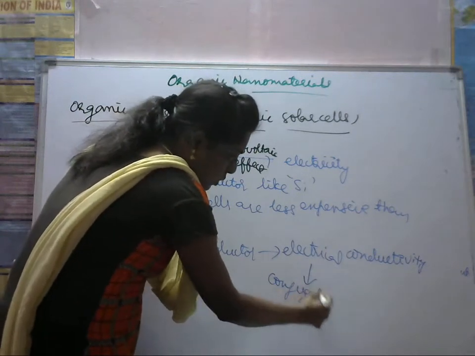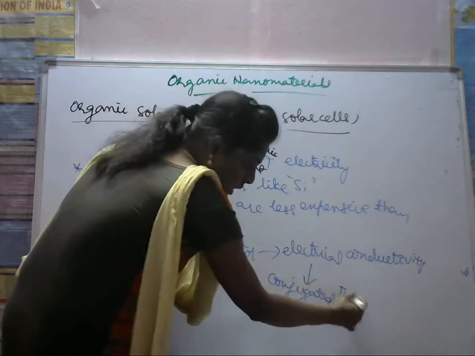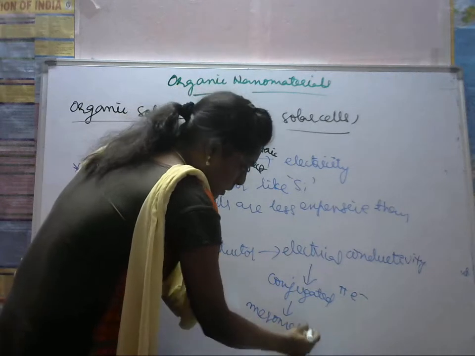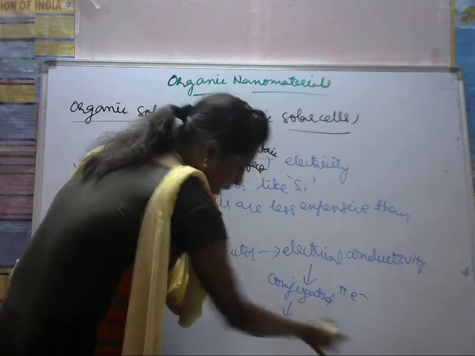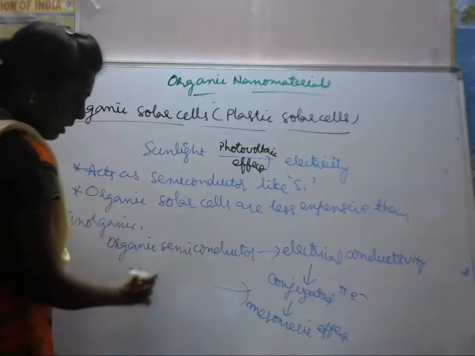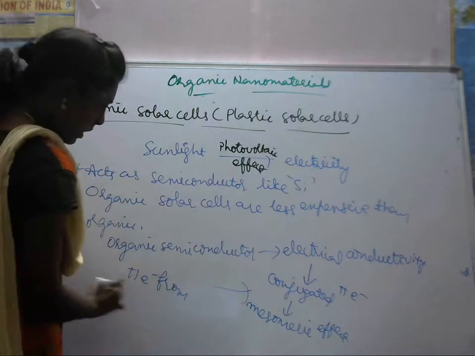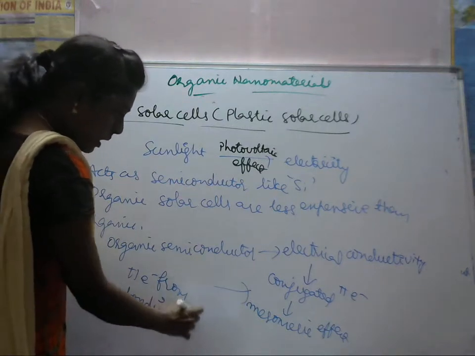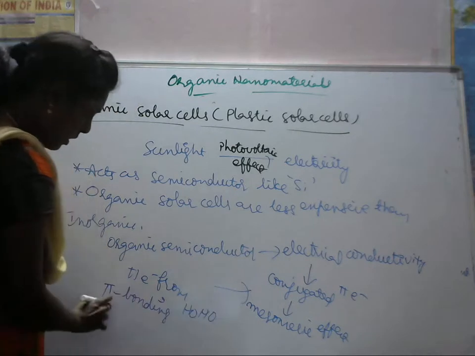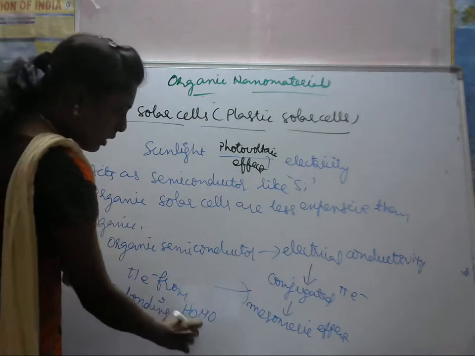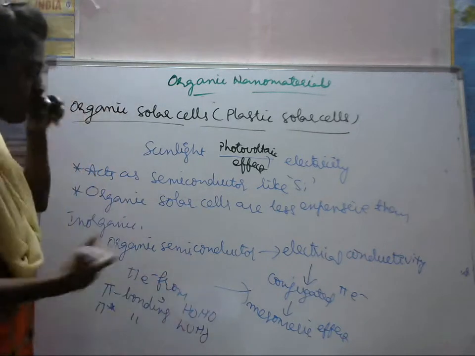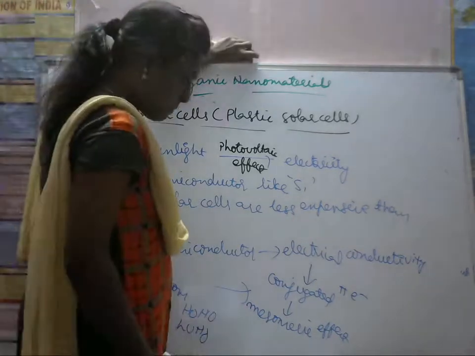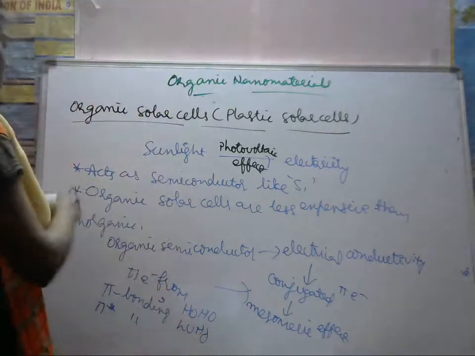These conjugated pi electrons produce the mesomeric effect, so it transfers the pi electrons from the pi bonding HOMO orbital to the pi star LUMO orbital. If you see here, I will write it here.